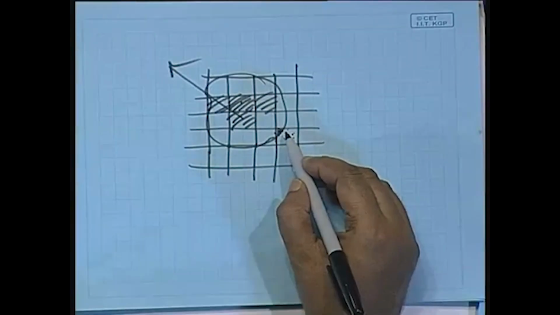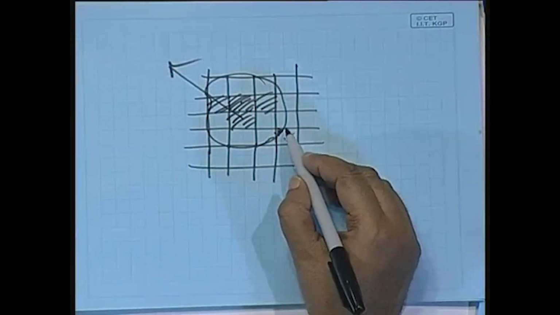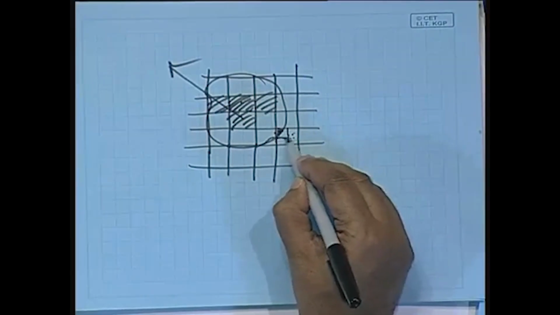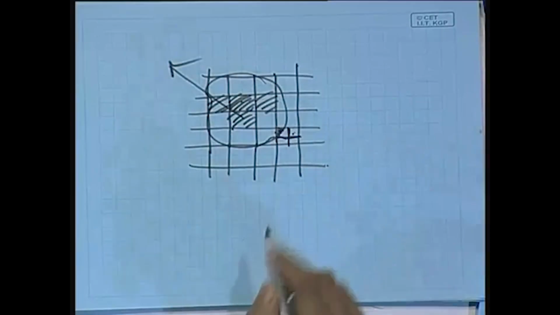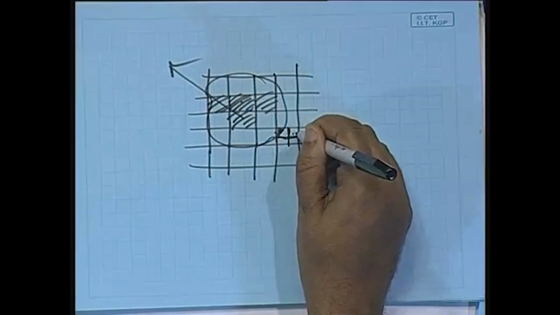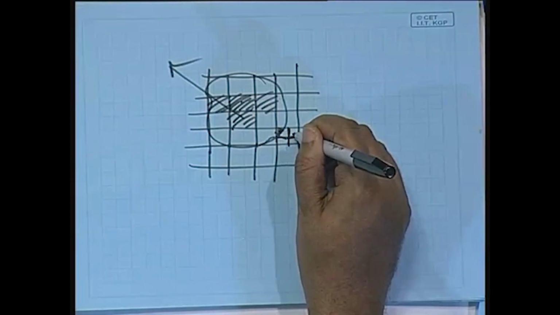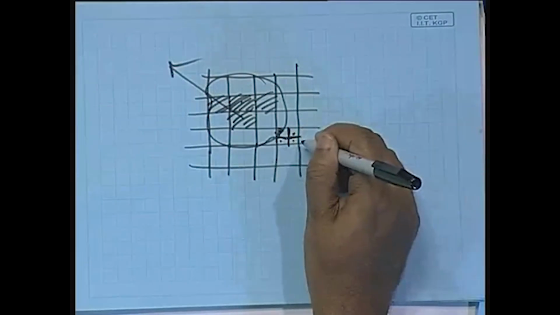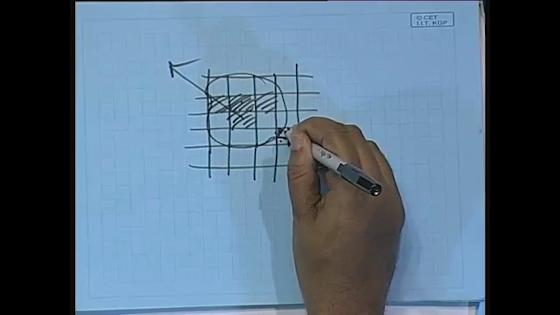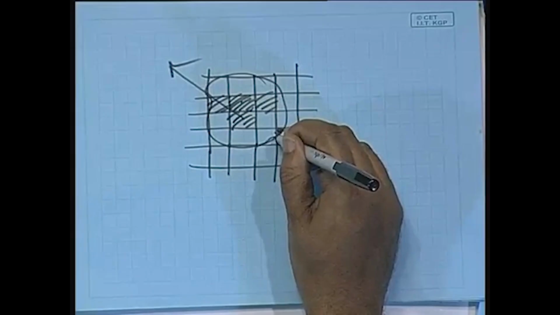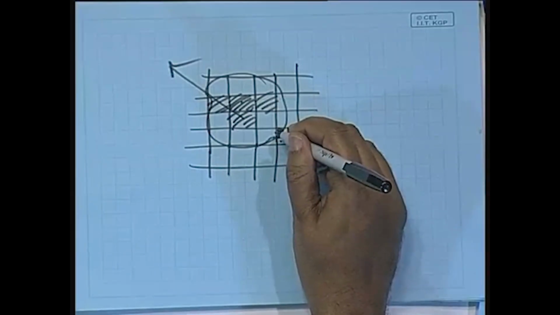Instead of assigning a single motion vector to the entire 16 by 16 block, if I subdivide the block into 4 8 by 8 blocks, then I can assign motion vectors individually to these 4. Even here you find 0 displacement, 0 displacement, 0 displacement, but this 8 by 8 block is going to have the motion vector corresponding to this part, which does not even engulf the whole 8 by 8 area.